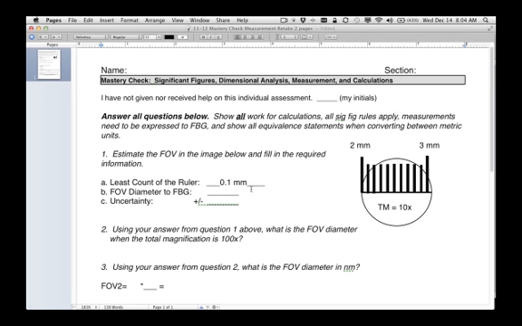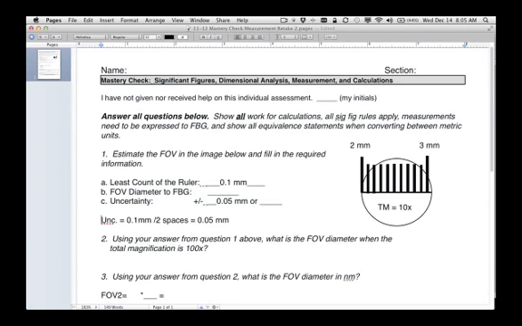So if we decide to divide this in half, then our uncertainty would be, by the formula, 0.1 divided by 2, which gives 0.05 millimeters. So we could put in here 0.05 millimeters as our uncertainty. And so what we'd have to do then is to measure using the least count of the ruler and also get one decimal better, or 1 order of magnitude better, based upon the uncertainty that we've chosen.